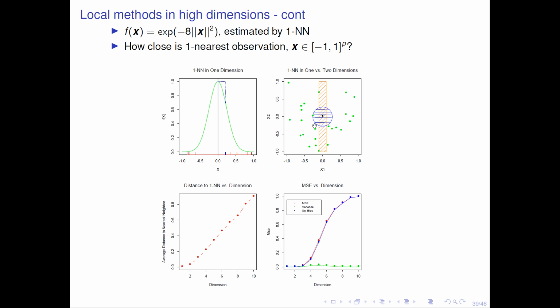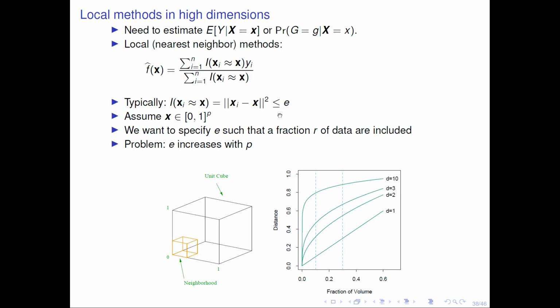And this blue circle is then the solution in that case. Note that the distance in this case is larger than in one dimension. So when we go from one dimension to 2 dimensions, we need to increase this epsilon that we had on the previous slide.